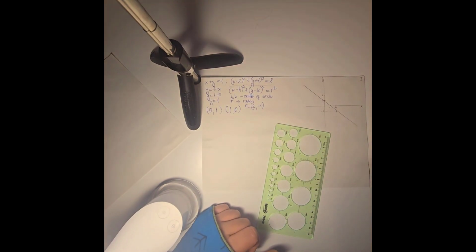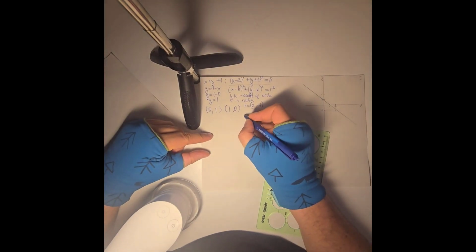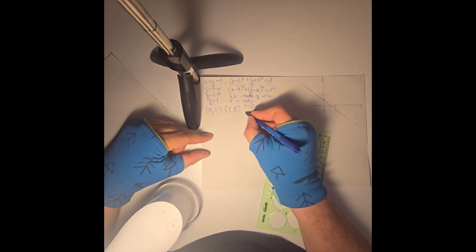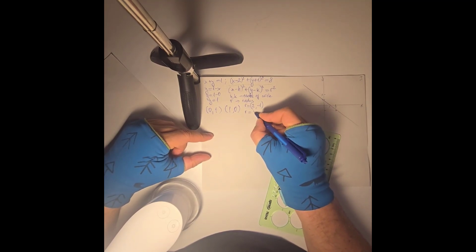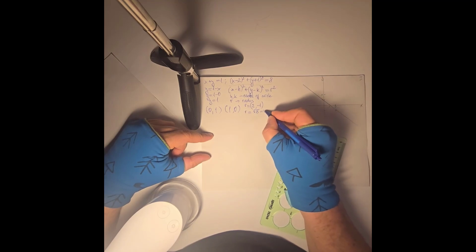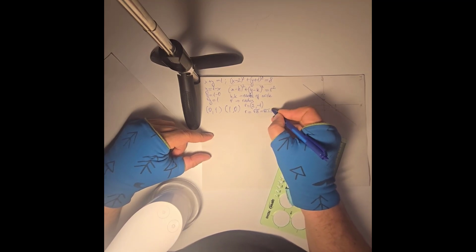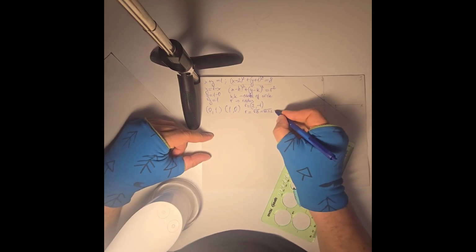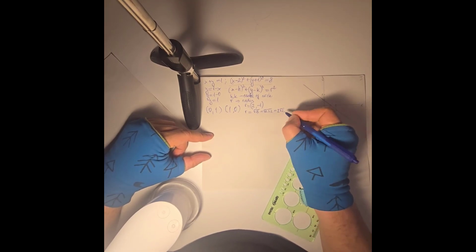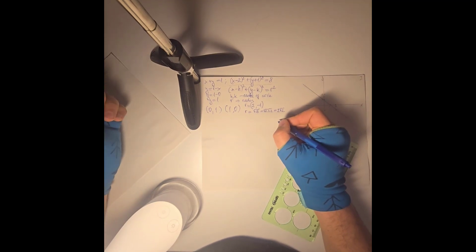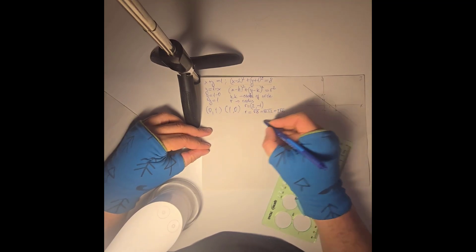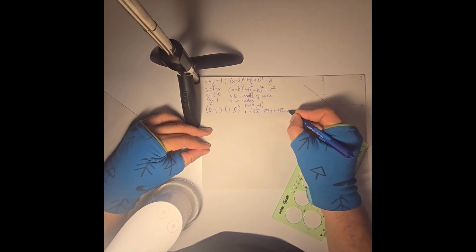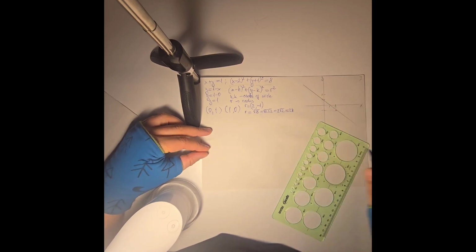Now the other interesting part: the radius equals the square root of 8, which is 2 times the square root of 2, which, if you calculate a bit further, is around 2.8. It's not exact, but 2.8 is okay.